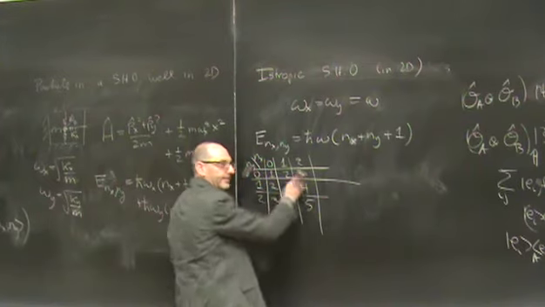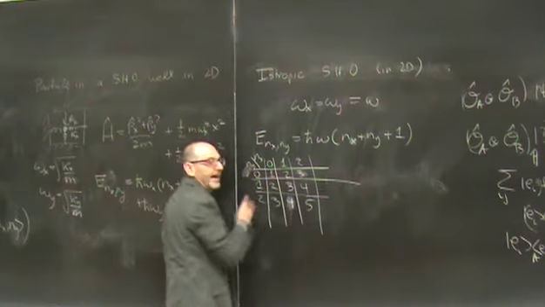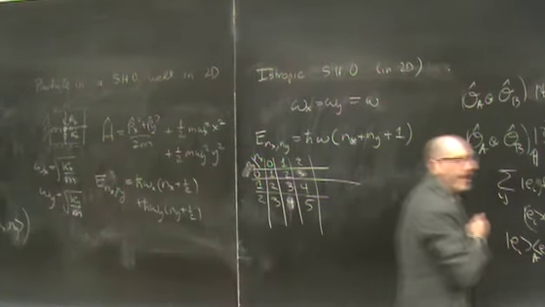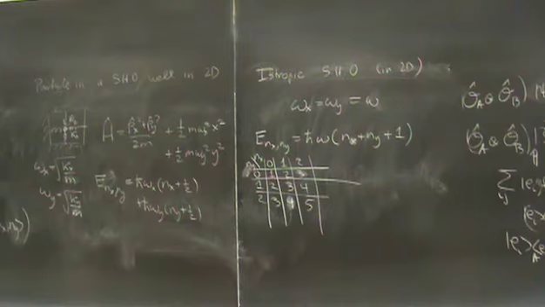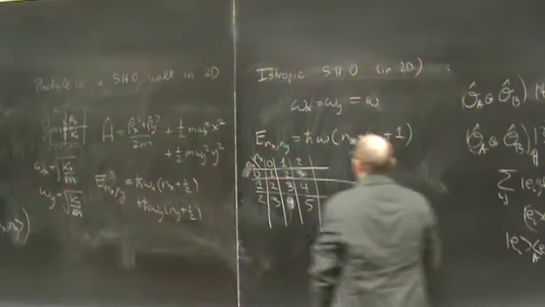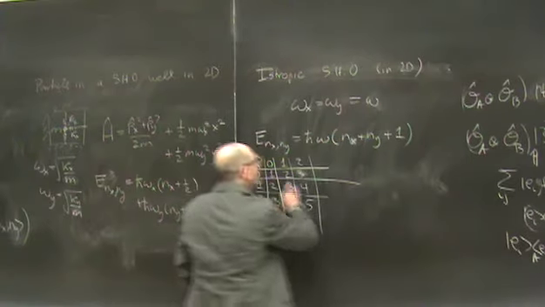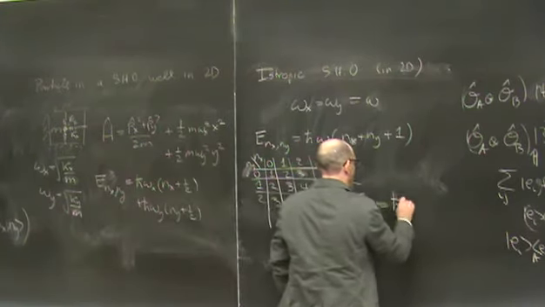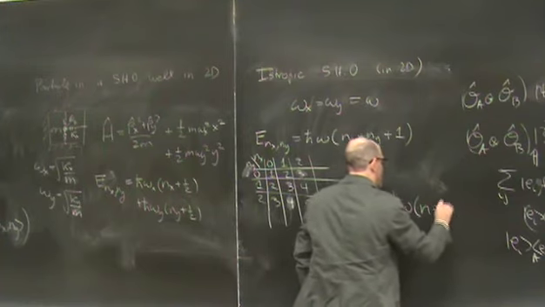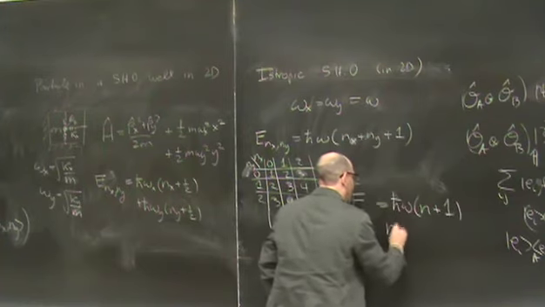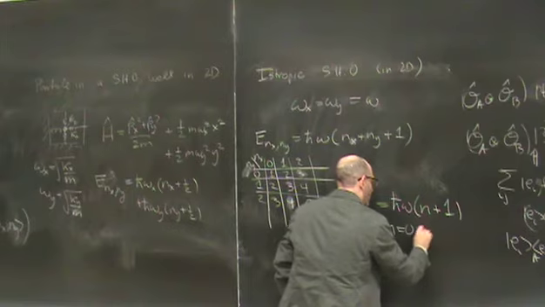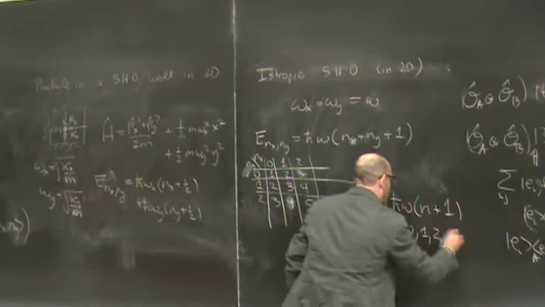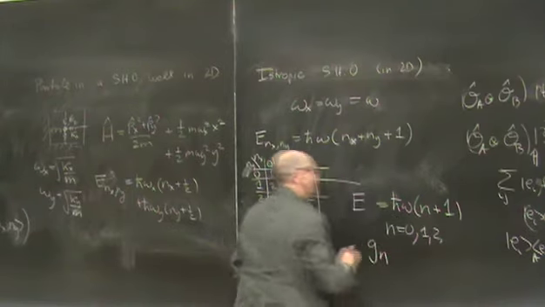So we see degeneracies here. There are many different combinations of nx and ny which give the same energy. In fact, they're always integers, so the energy here is h bar omega times n plus 1, where n can be 0, 1, 2, 3. But there's a degeneracy.